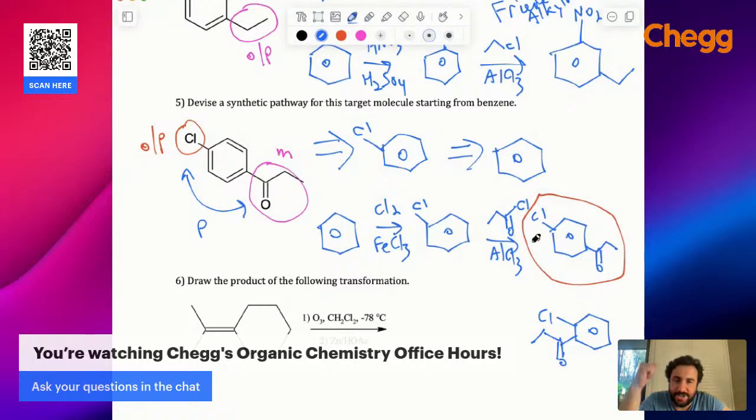So definitely very similar mechanistically. I don't have room to write out the whole mechanism, but whether you're doing alkylation or acylation, it's the chlorine atom on that molecule that is interacting with the aluminum atom on the catalyst, and then the electrons in the carbon-chlorine bond leave and neutralize the chlorine.